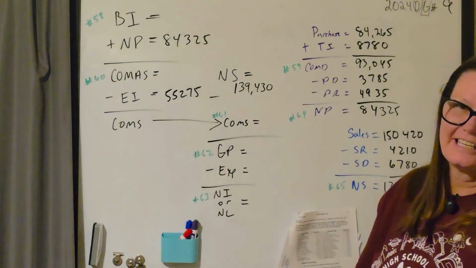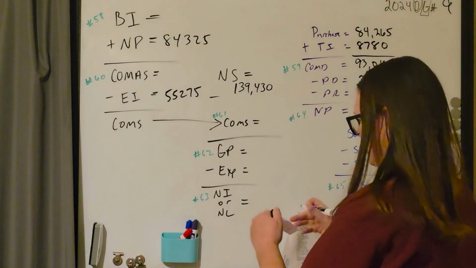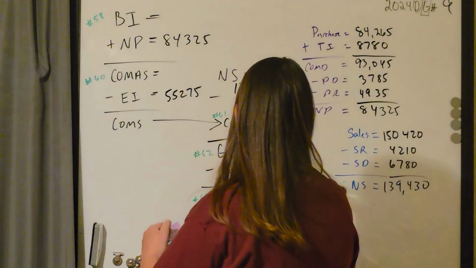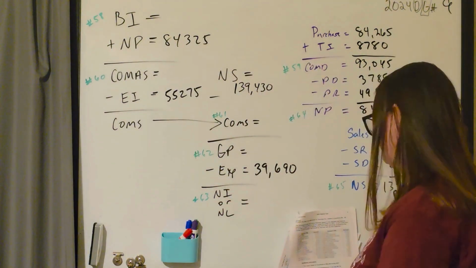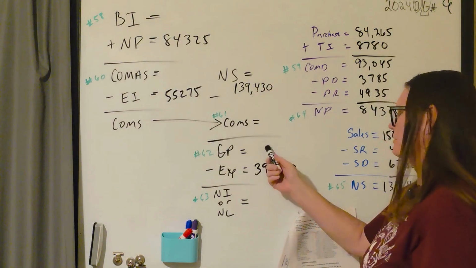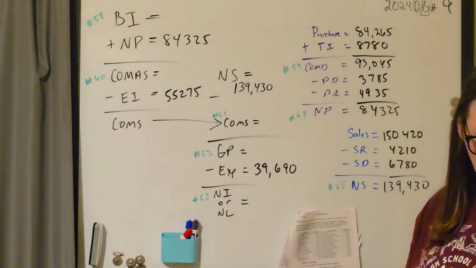I went ahead and added it ahead of time so it wouldn't take very long. So our expenses are $39,690. Then we subtract that number from gross profit to get our net income.